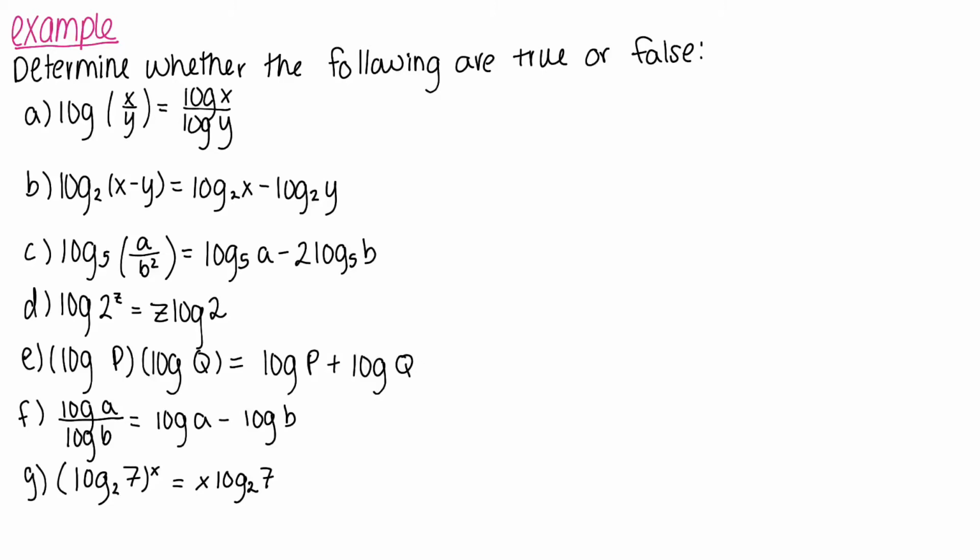This first one is false. So what is true is that division on the inside turns into subtraction on the outside. So log x minus log y, but it won't turn into division, log x over log y. These are some very common errors here, so it's worth talking about.